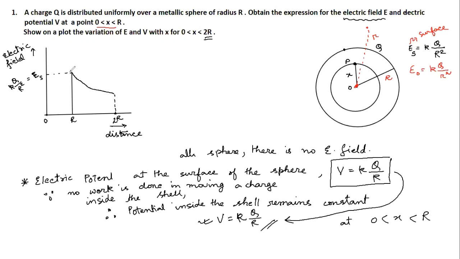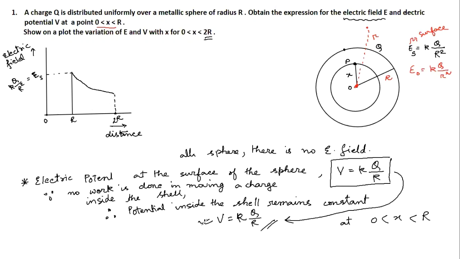So this is the graph for electric field and distance x, for any point between 0 and twice r. So the electric field will rise from this point r, that means from the radius or surface of the sphere, and then gradually it is going to decrease in this direction. So this is our first graph.